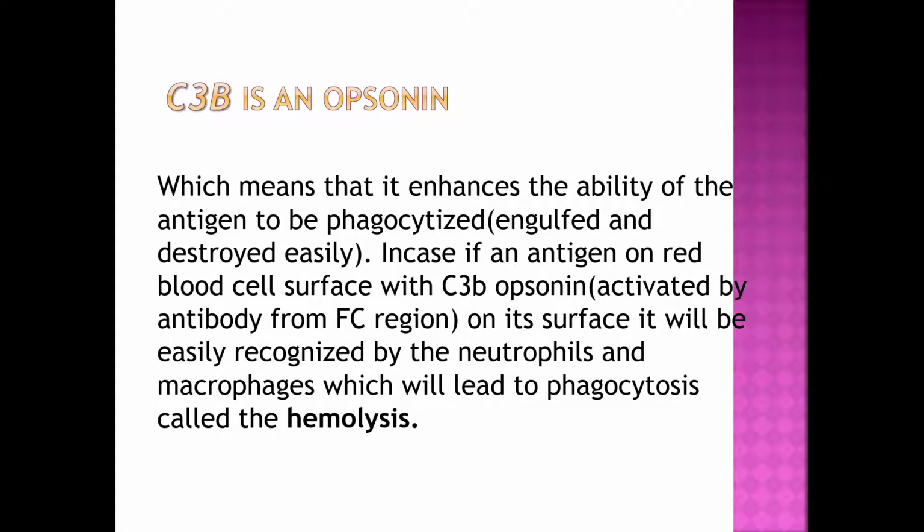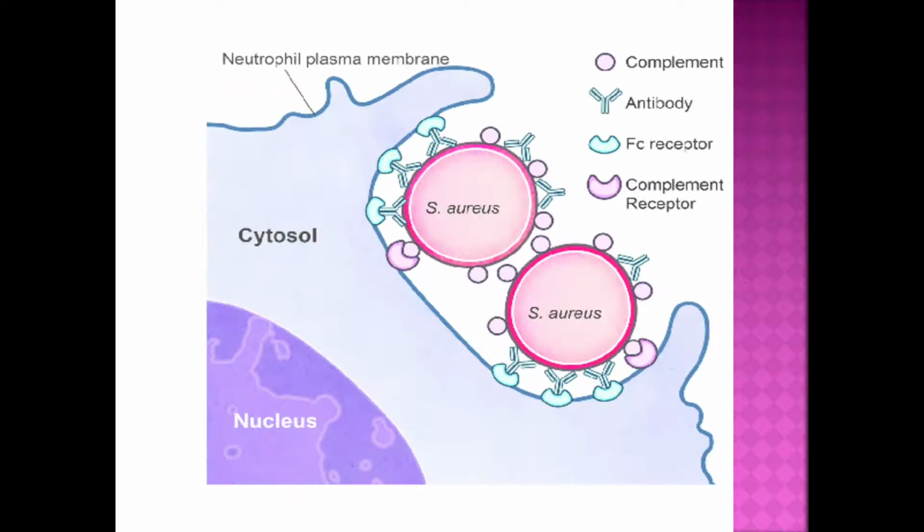For example, in the case of a red blood cell, when an antigen is on the RBC cell surface with C3b opsonin, which is activated by the antibody from the Fc region on its surface, it will be very easily recognized by the macrophages and neutrophils, which will lead to phagocytosis, meaning hemolysis.